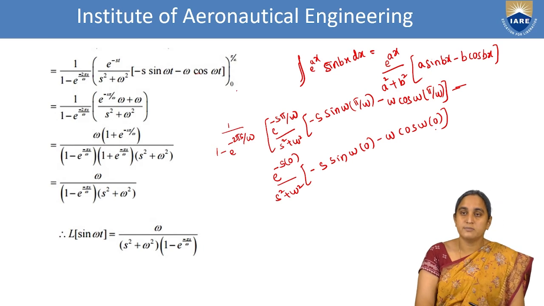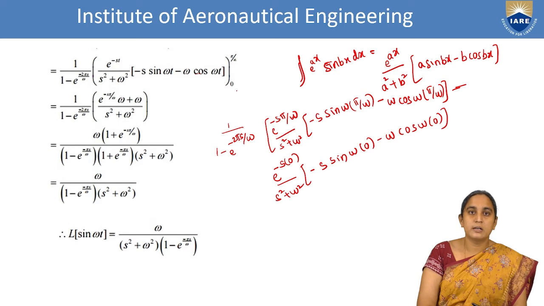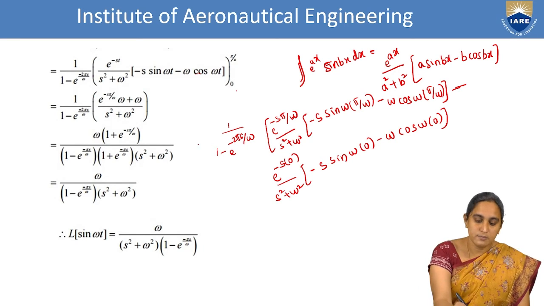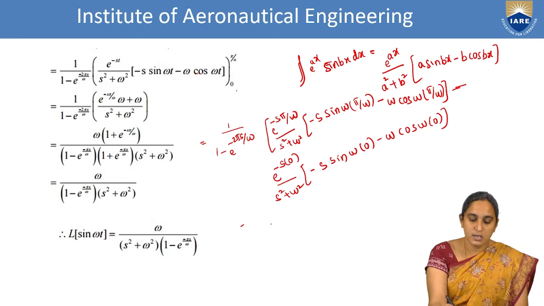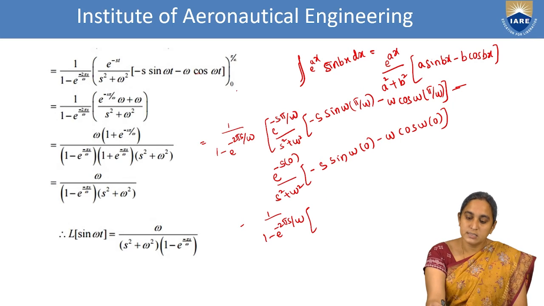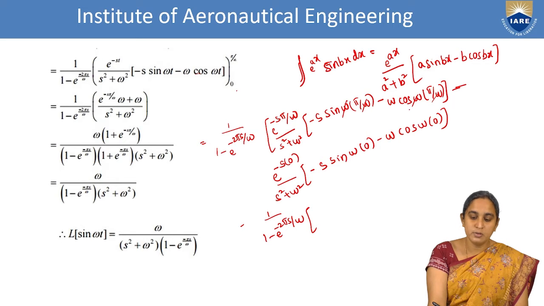This is after substituting the limit points, upper limit as pi by w and the lower limit as 0. Therefore, for that case, 1 by 1 minus e power minus 2 pi s by w, into, here w cancels and there also w cancels.